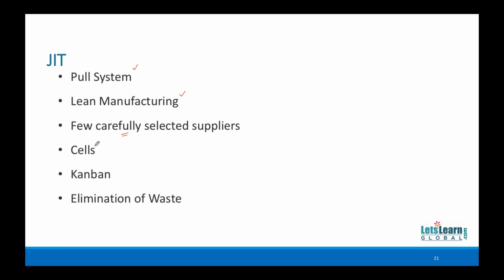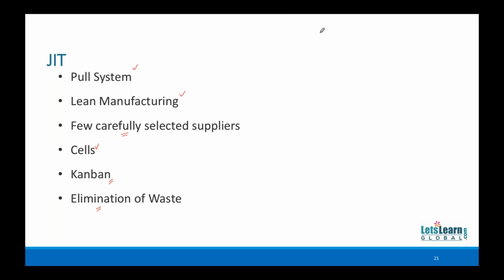The physical production environment of men and machinery in a JIT environment is called cells. The visual card sent along with the product, describing what activities are carried out and what is to be carried out, is called Kanban.